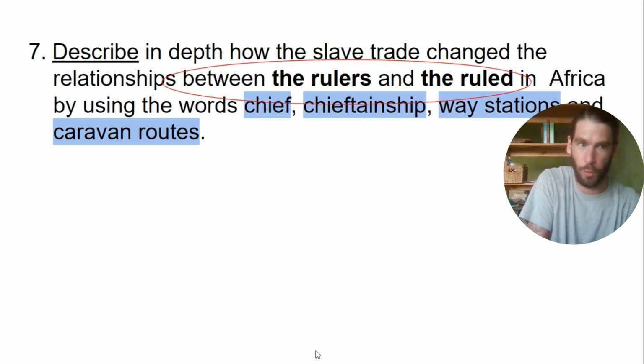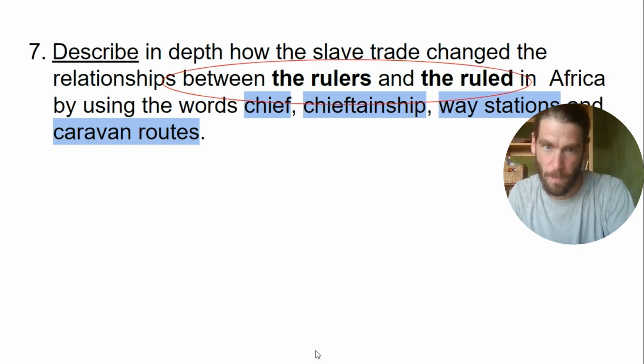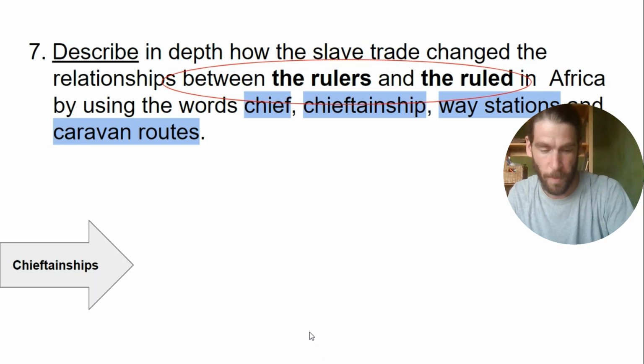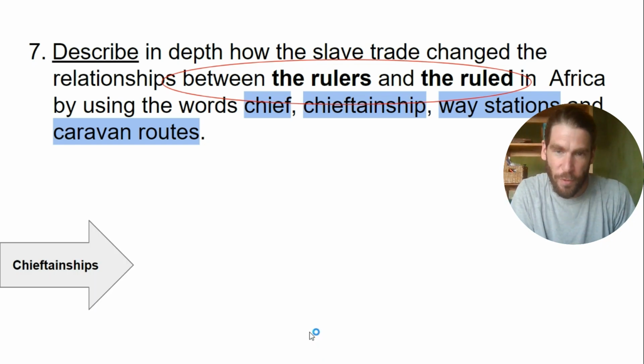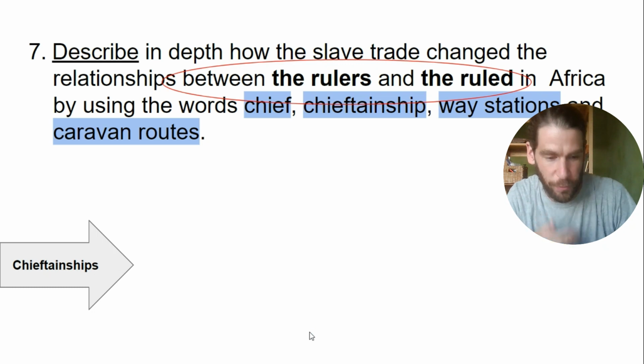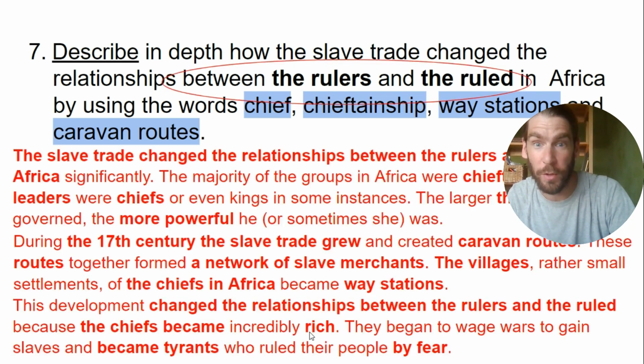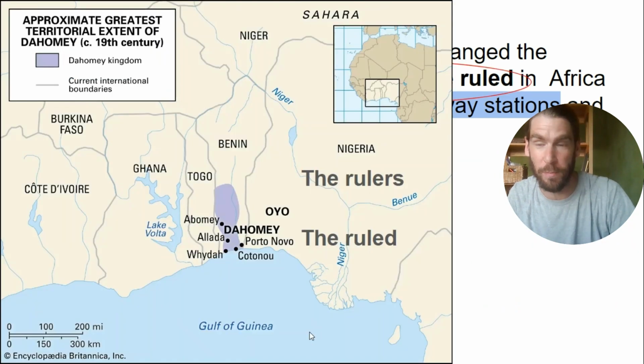Between the rulers and the ruled in Africa. What does that mean? Okay. In Africa, there were chieftainships. We're going to talk about those more, but first we need to look at the map.